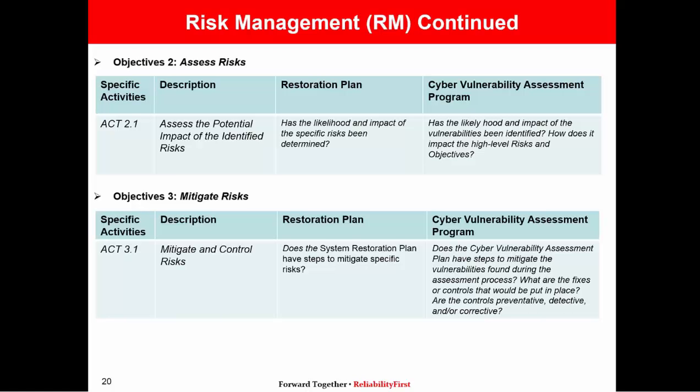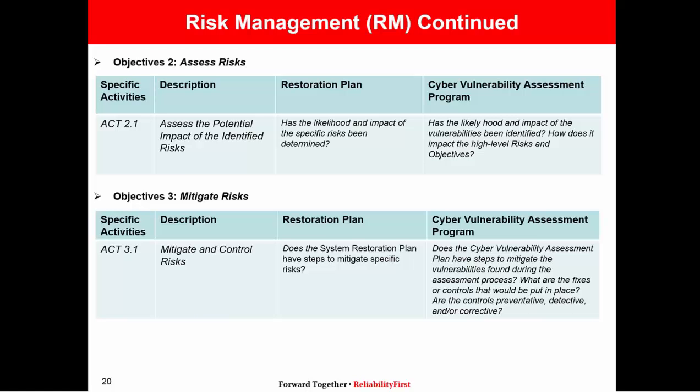And then we try to identify, okay, well, we have these risks. How do we mitigate them? Do we put controls in place? Do we put technology in place to help either prevent, detect, or correct these types of risks that are happening in the future?